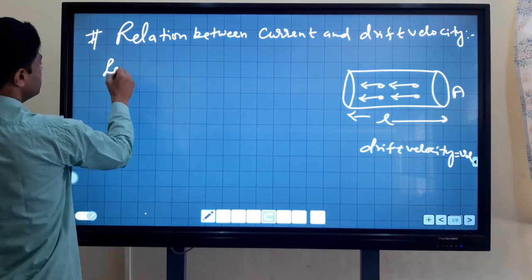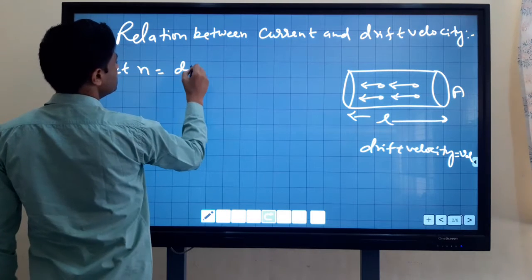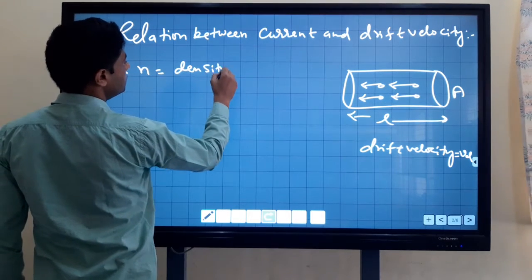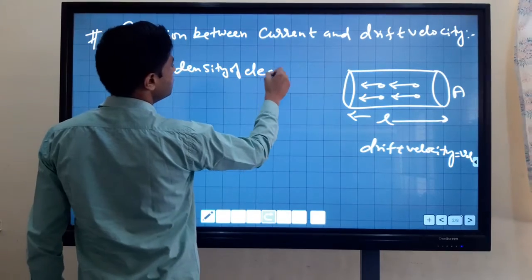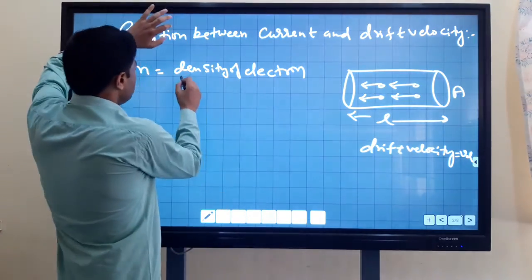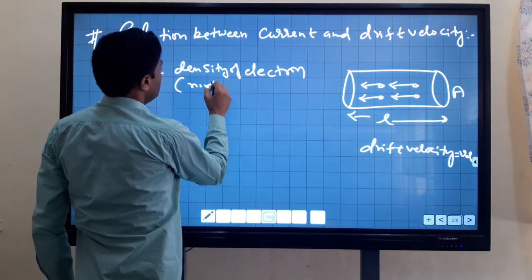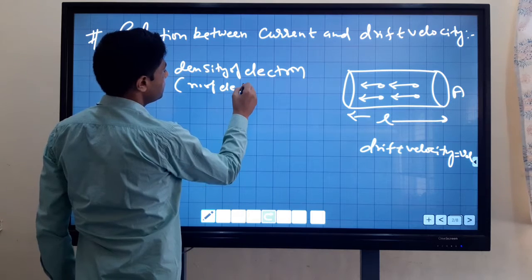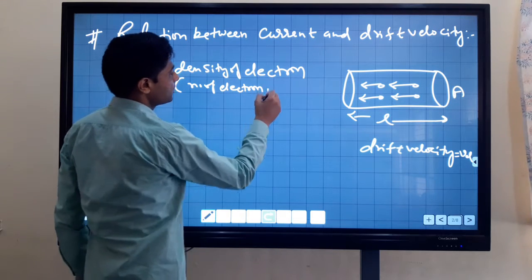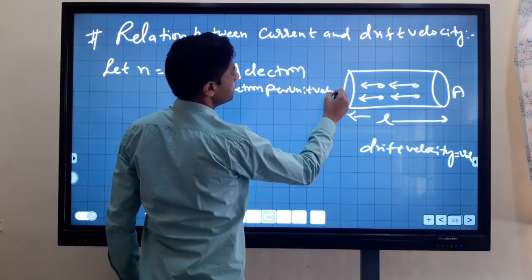Let n equal the density of electrons, which means the number of electrons per unit volume.